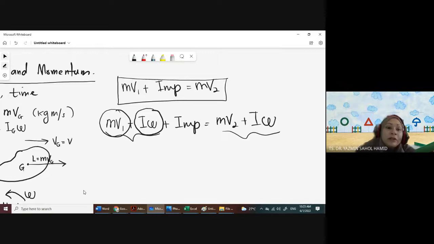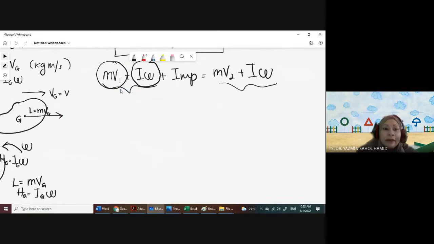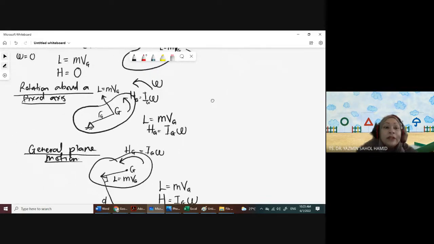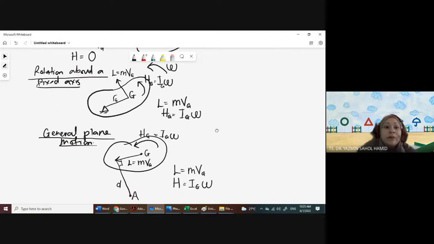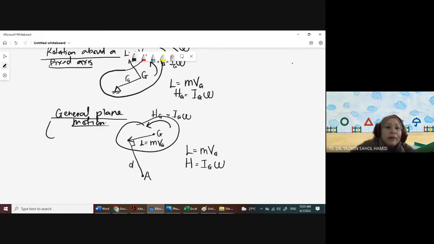However, it depends on the question. Is the body moving in translation only? Then there's only mv. But if the body is rotating about an axis or has general plane motion, do you remember what general plane motion is? They translate and rotate together, a combination.